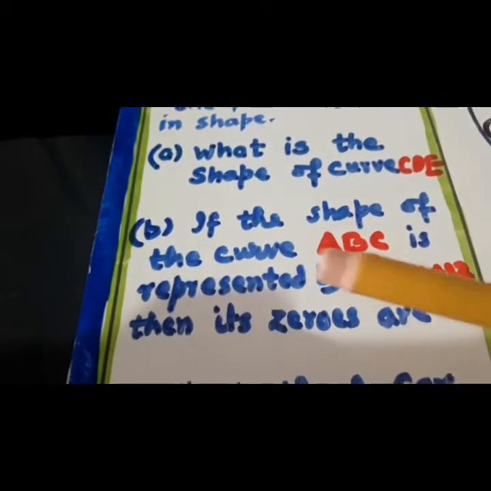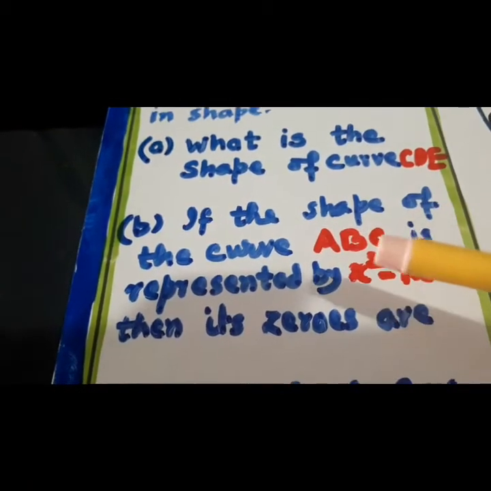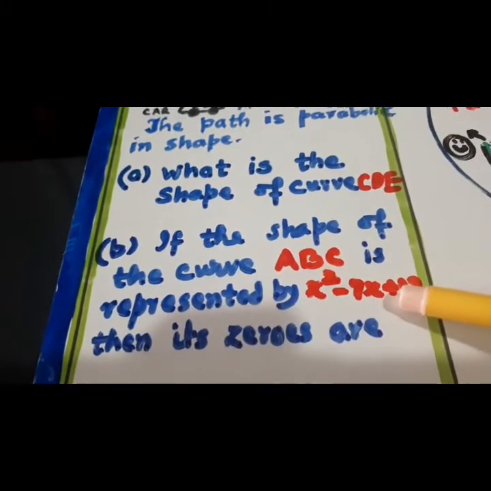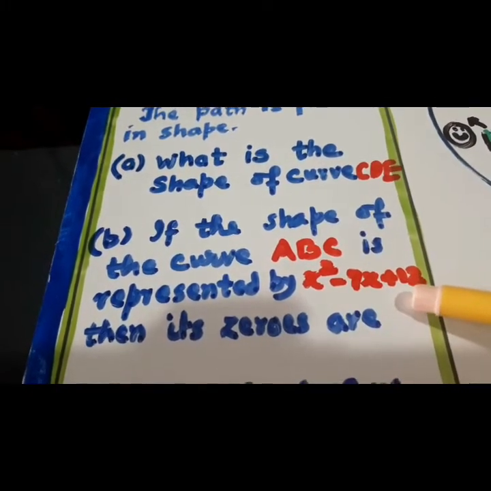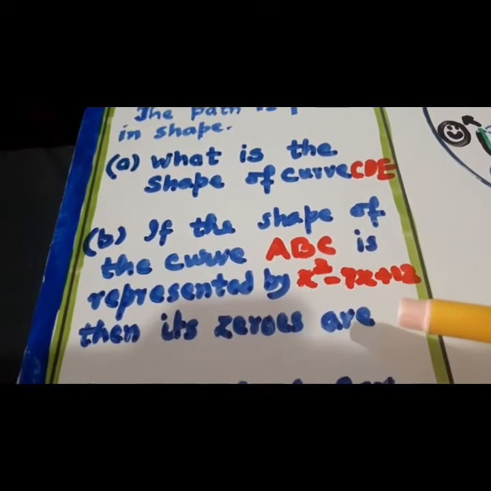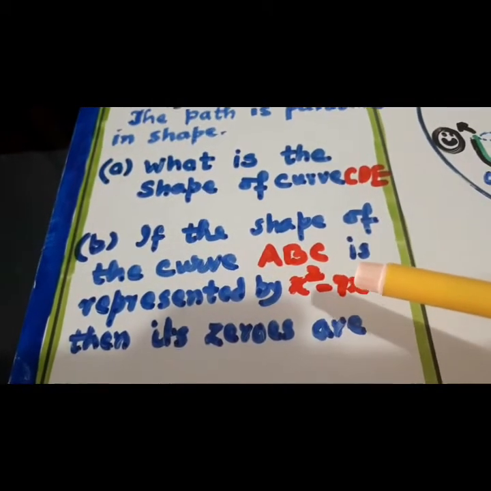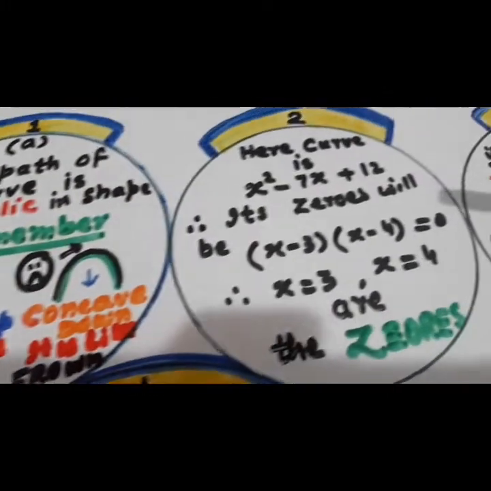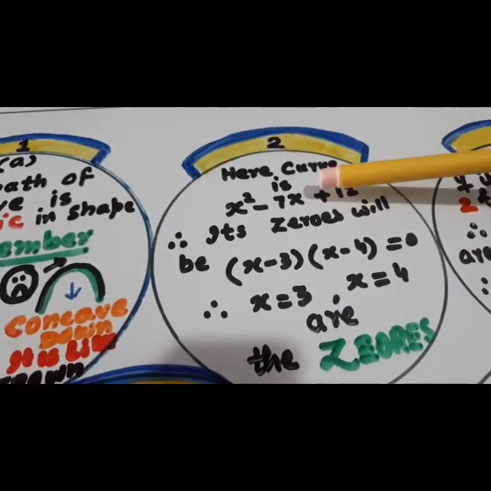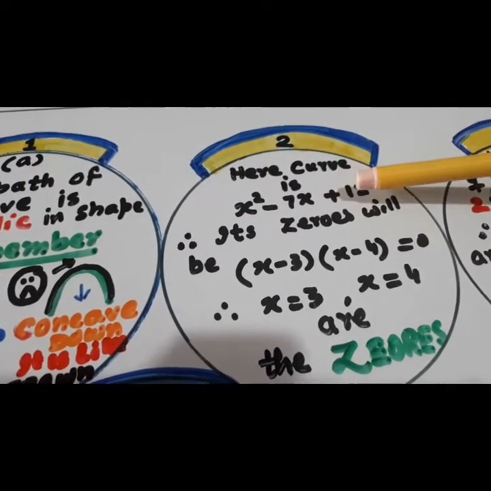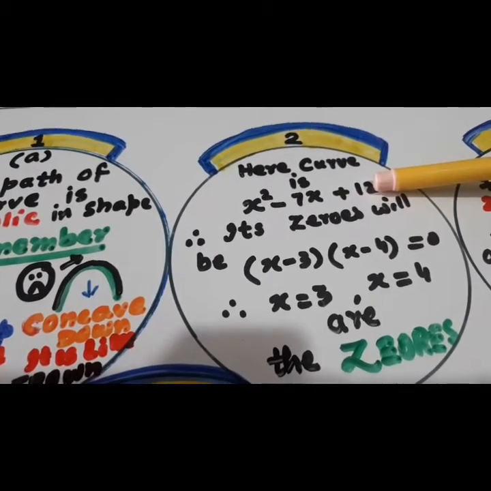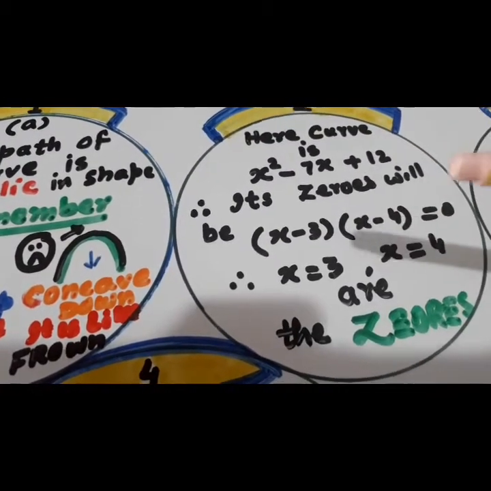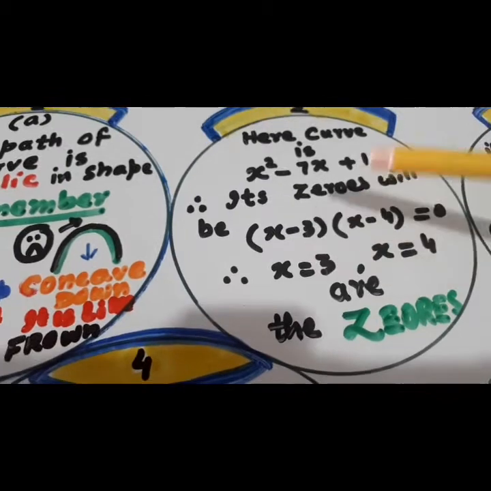Now, let us go to the second part. The second part of the problem is, if the shape of the curve ABC is represented by x square minus 7x plus 12, then its zeros are. Now look here, I am going to the solution. Here the curve is x square minus 7x plus 12. To find its zeros, we will have to factorize it.